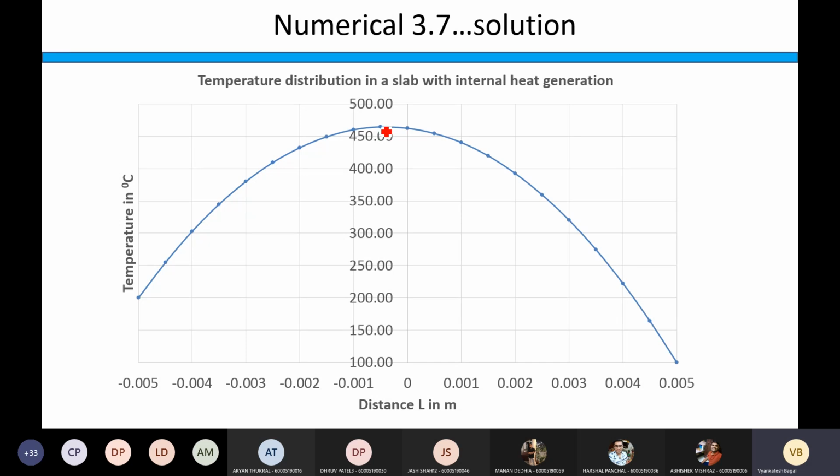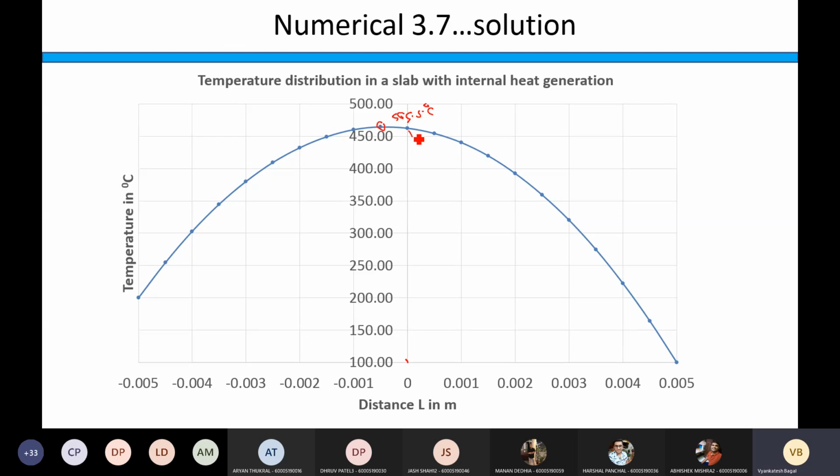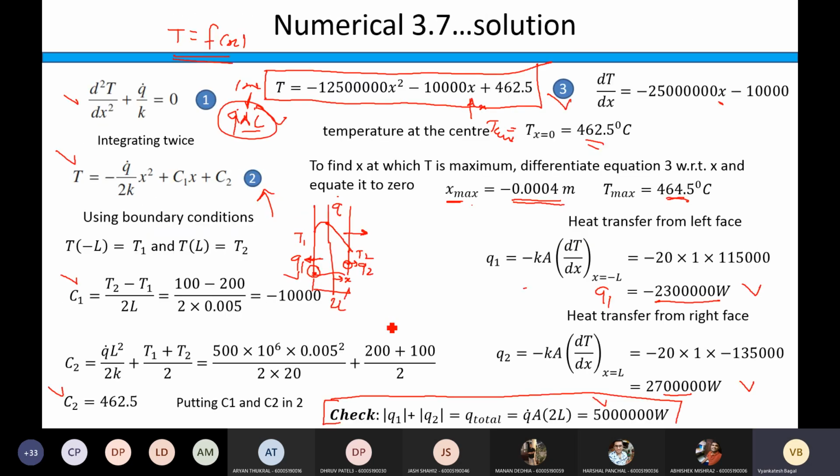This is the maximum temperature, 464.5 degrees C, and then at the center line the temperature must be 462.5. So you can see this through the plot also. So, is it clear?